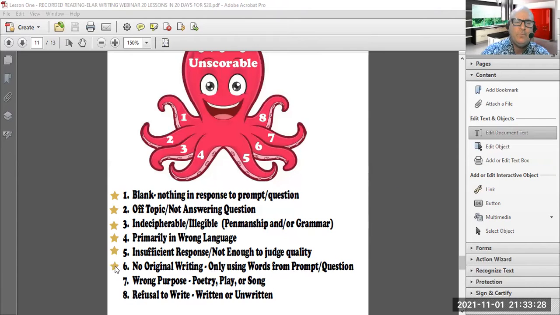Okay. Now, the 6th leg of the octopus is no original writing. If I ask you a question, what do you think the character was feeling after he fell down? I think that the character was feeling something after he fell down.